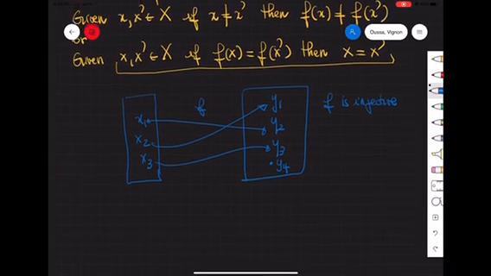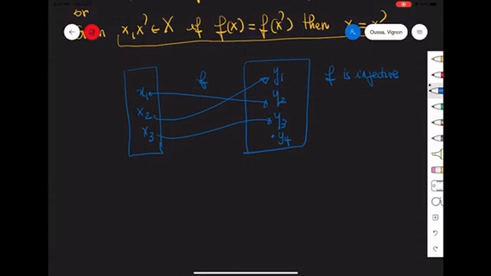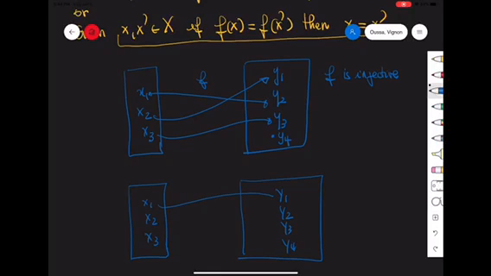Let me draw here or give you an example of a function which is not one-to-one. Take the following function: x1, x2, x3, and let's have y1, y2, y3, and then y4. We call this g. x1 goes to y1, x2 goes to y1, and x3 goes to, let's say, y3. Right.